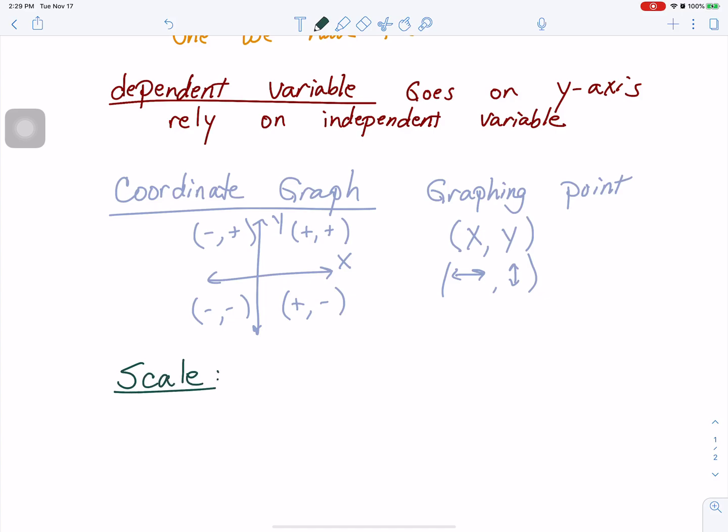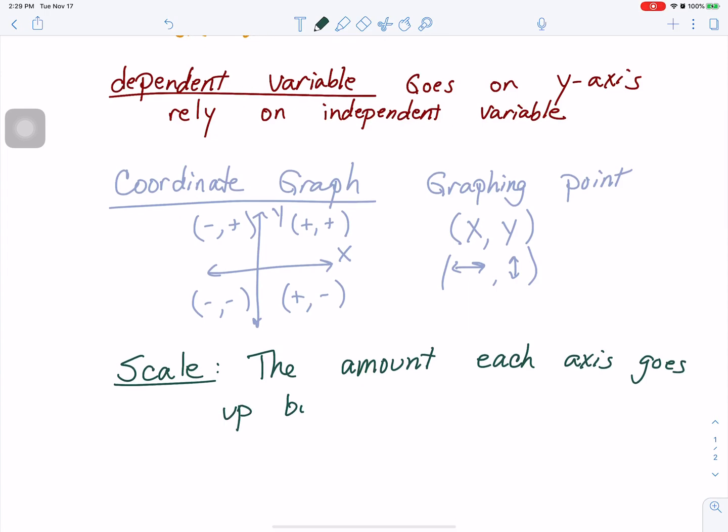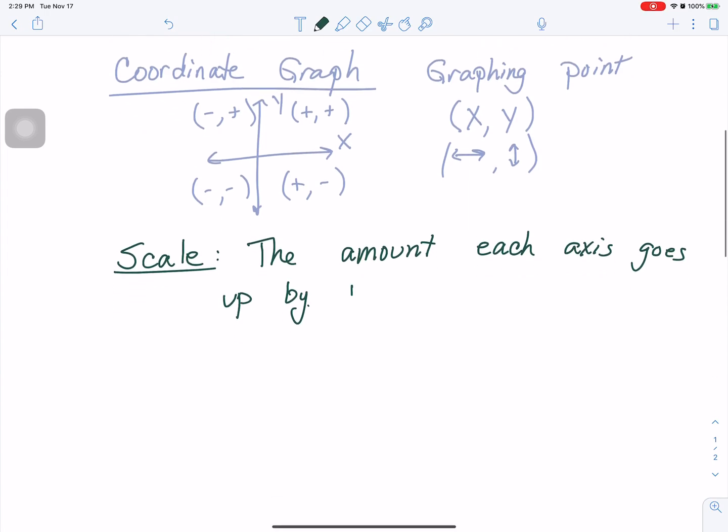So scale is the amount each axis goes up by. And it must be a consistent pattern.